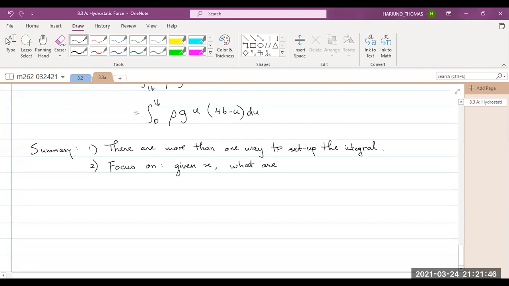So given X, what are the depth and what are the length of the strips?